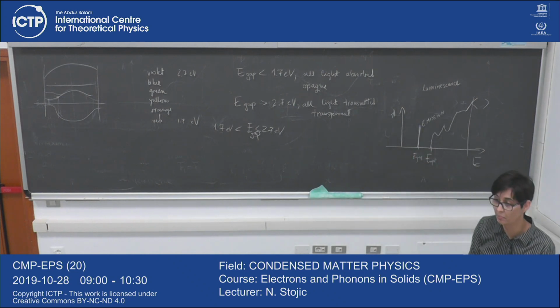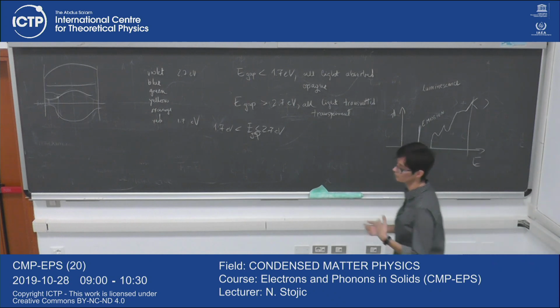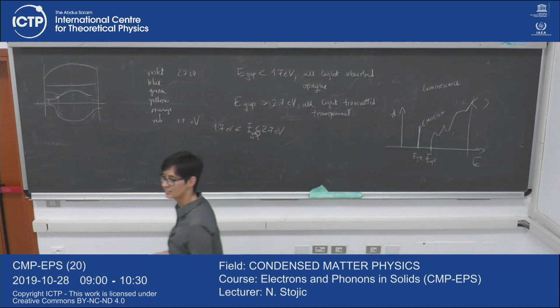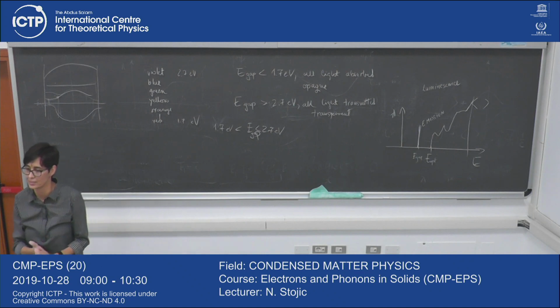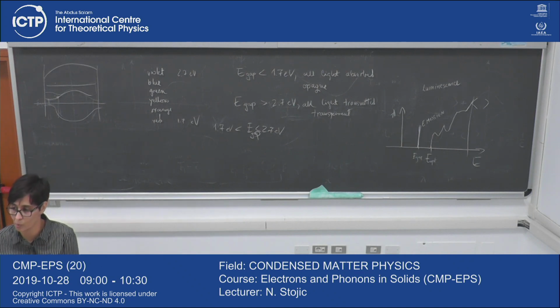Yeah, it has a huge gap. And then you can also put in impurities, which have a certain gap and which can absorb the light. So you can put in a very small concentration of an impurity which has a certain gap, and it will change the color of the crystal, the whole material, even with a small amount.